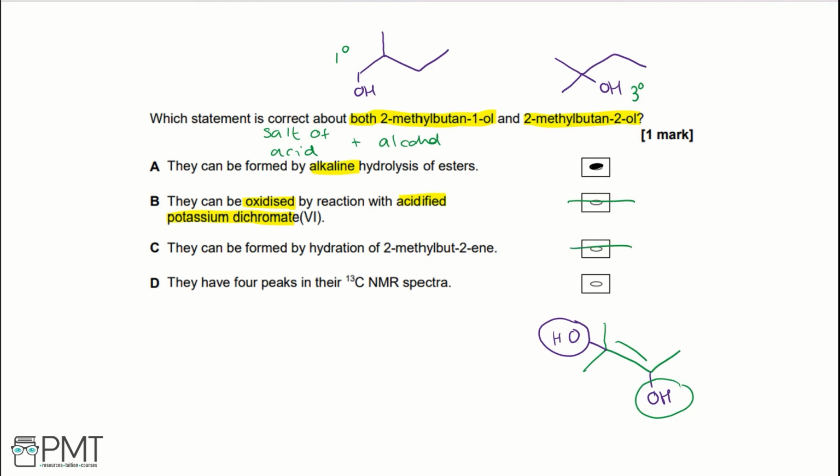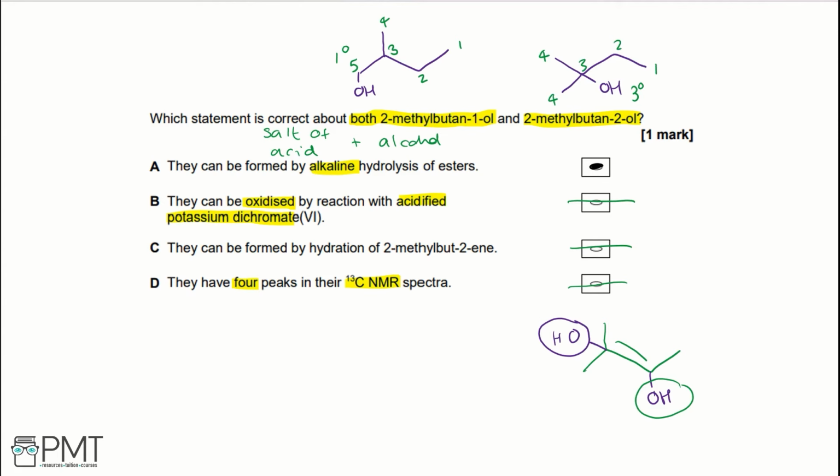And then we need to look at how many peaks each of them have in a carbon-13 NMR spectrum. Let's start with 2-methylbutan-1-ol. We have 1, 2, 3, 4, 5 peaks in our carbon-13 NMR spectrum. So that's not 4, so our answer can't be D. But just for clarity, 2-methylbutan-2-ol has 1, 2, 3, 4 peaks in the carbon NMR spectrum.